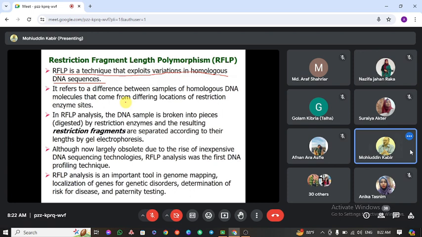And based on the fragment size, we can easily identify the position of the restriction sites. In that way, we can determine the location of the restriction enzymes, and in that case, we do not need to have the whole genome sequence.